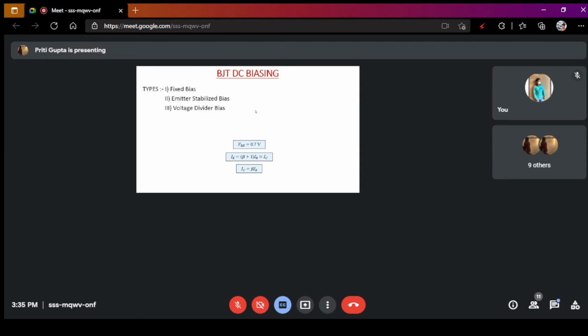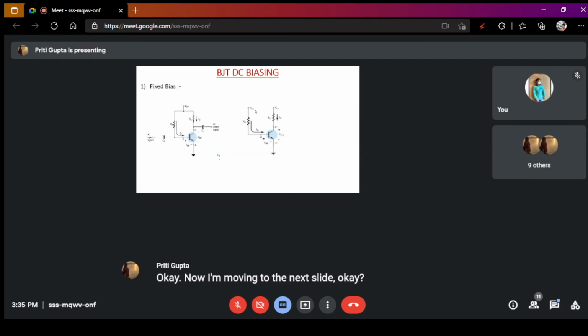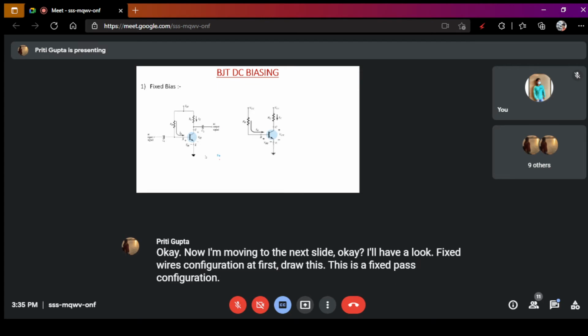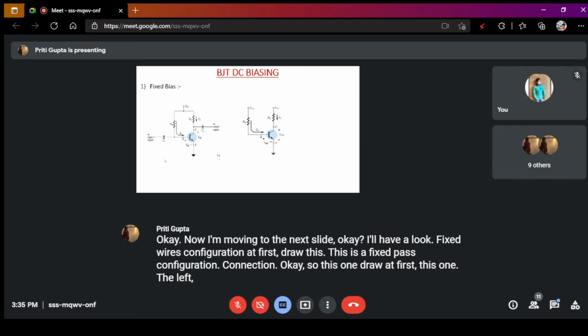Okay, now I'm moving to the next slide. Now have a look. Fixed bias configuration. At first draw this. This is a fixed bias configuration connection. Draw the left hand side figure first.